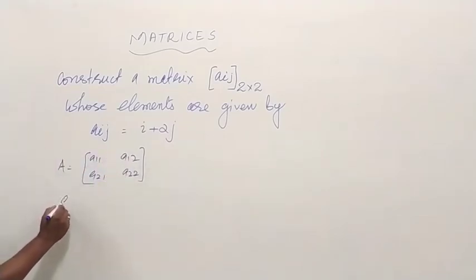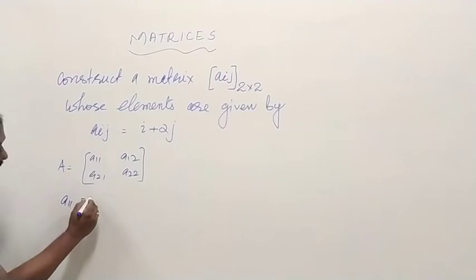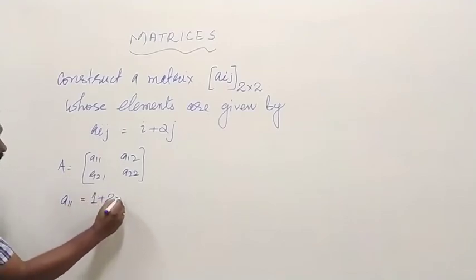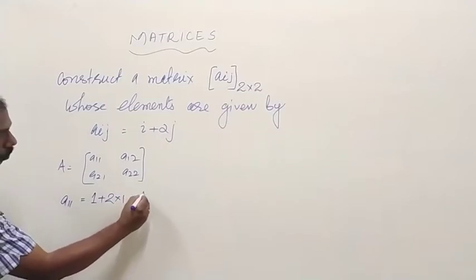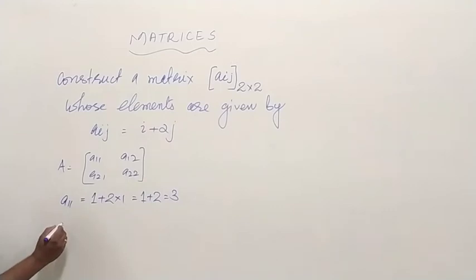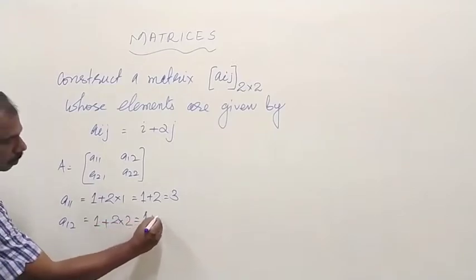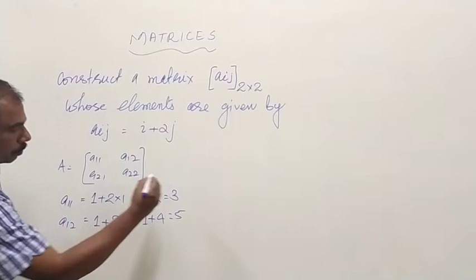A11 is equal to 1 plus 2 times 1, that is 1 plus 2, equal to 3. Then A12 is equal to 1 plus 2 times 2, that is 1 plus 4, equal to 5.